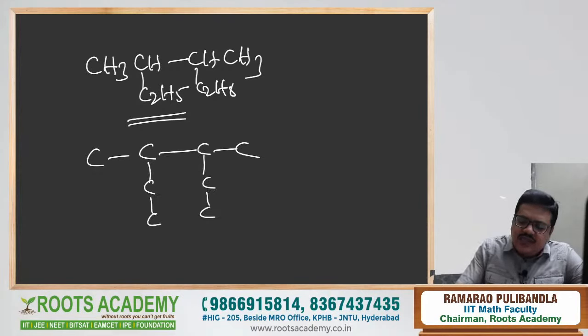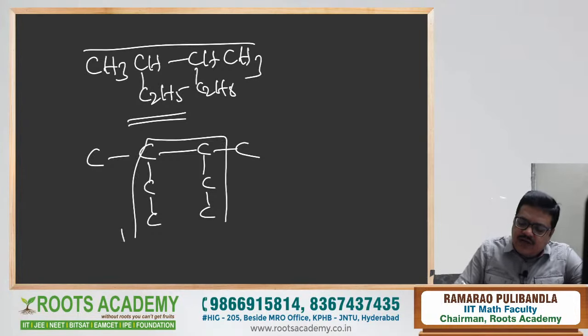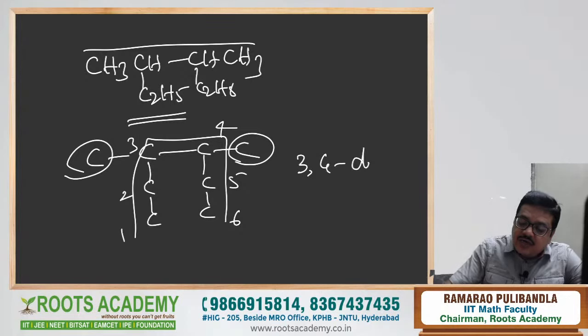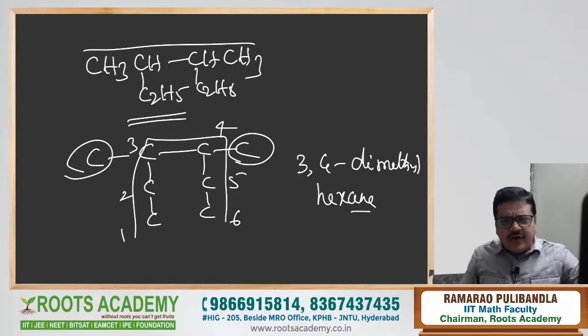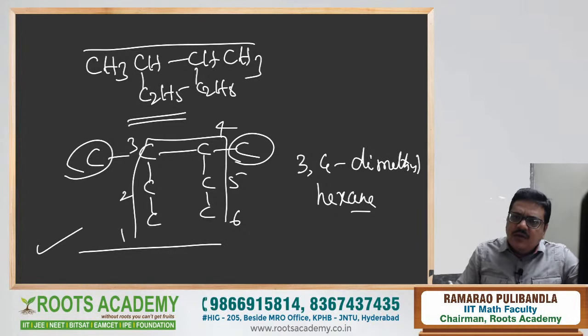Now, if you see like this, there are 1, 2, 3, 4, 5, 6 carbons. So, 3, 4 dimethyl hexane. 3, 4 dimethyl hexane. That's it.